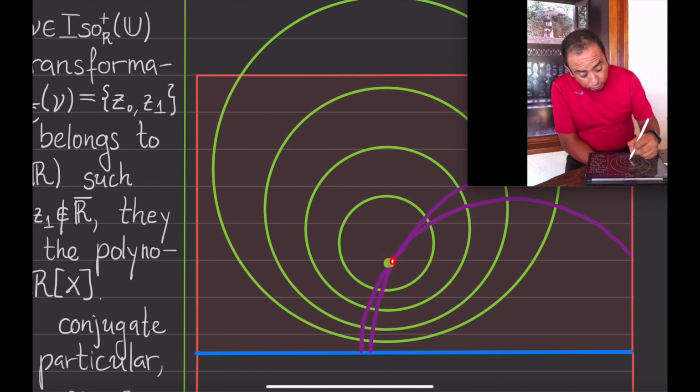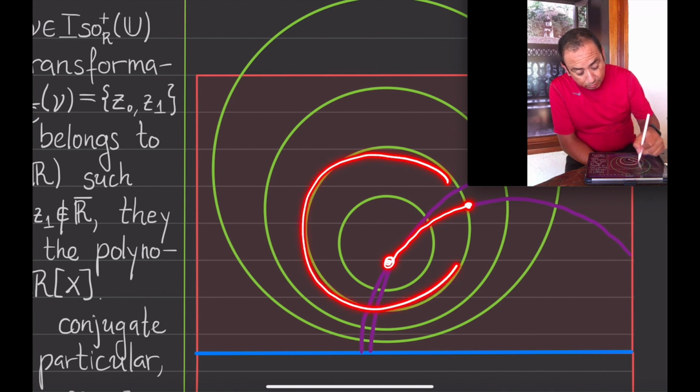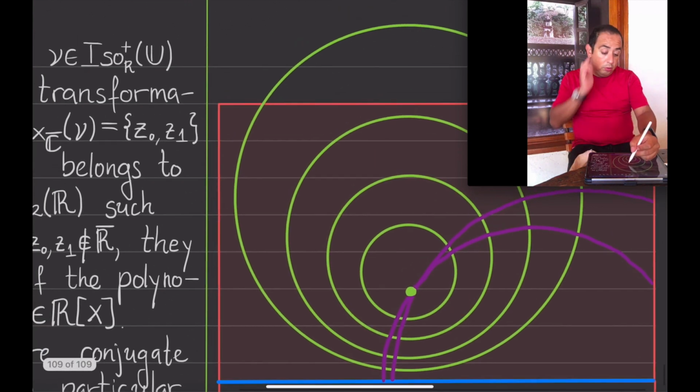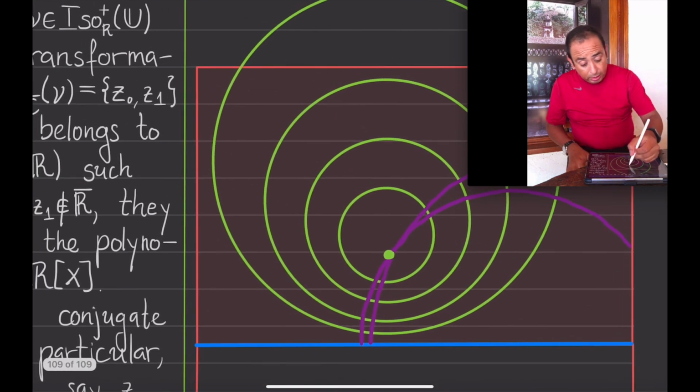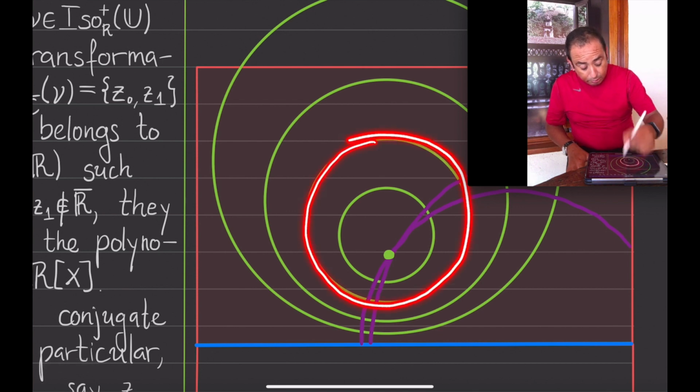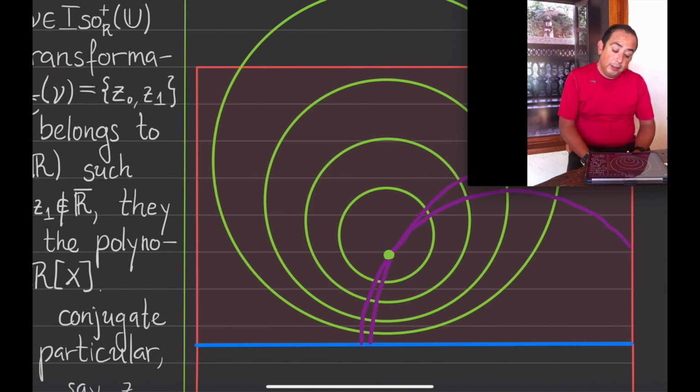So this distance has to be equal to the distance between the fixed point and the image of this guy, right? Which lies here, and so on, right? So actually one can show that each of these Apollonius circles is a hyperbolic circle with hyperbolic center, this one.